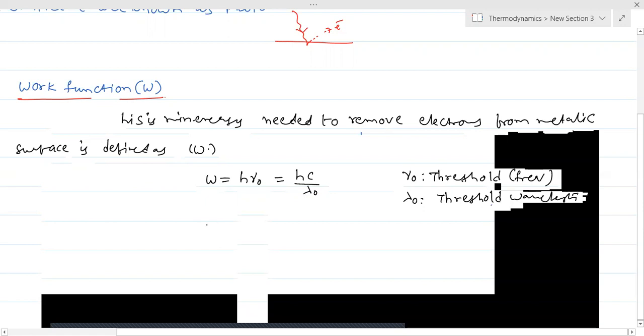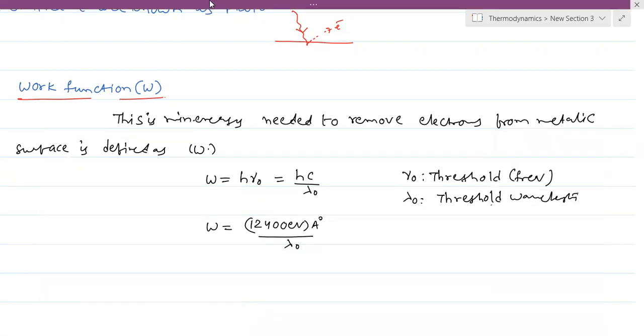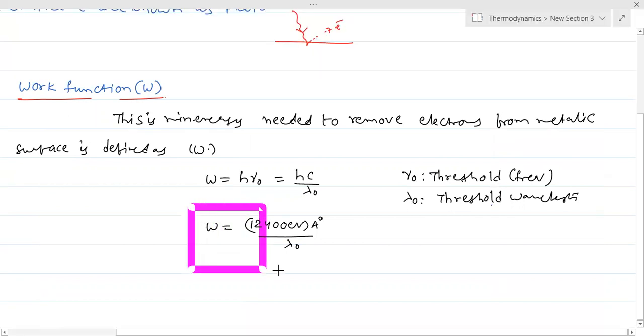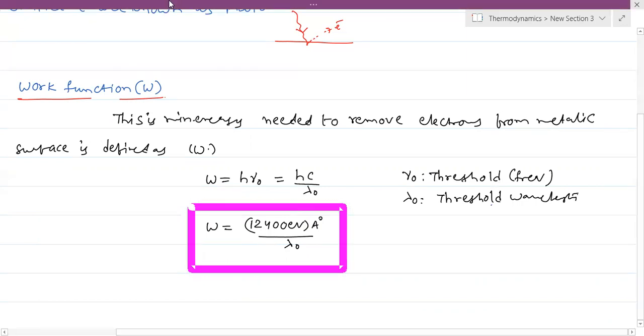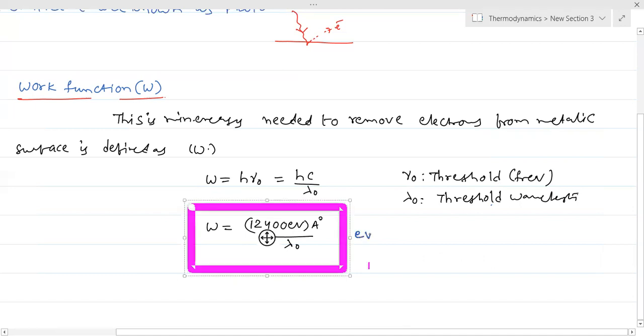Here h is Planck's constant and c is the velocity of light, so hc is 12,400 electron volt angstroms, and W equals 12,400 eV angstrom by lambda naught. This is a very important relation, used to easily convert from wavelength to work function. Whatever work function is obtained, it generally lies in electron volts.